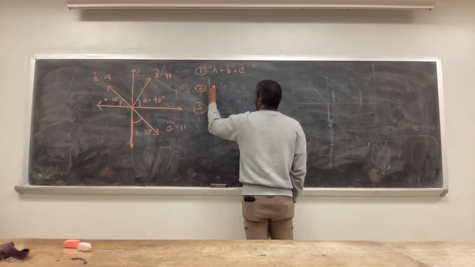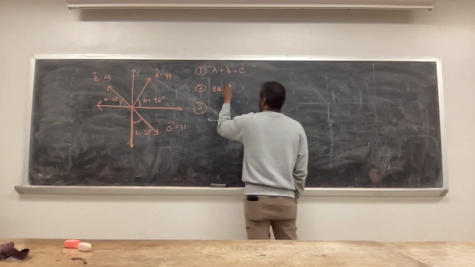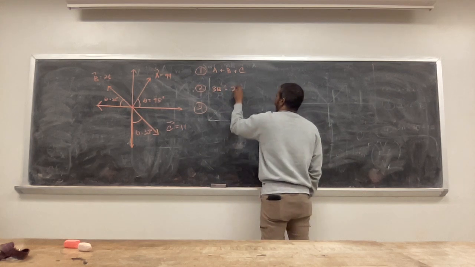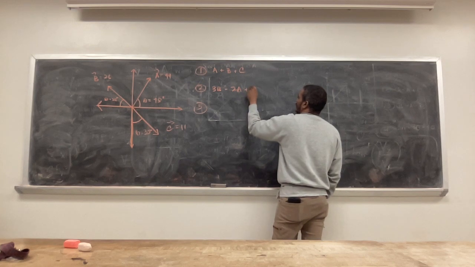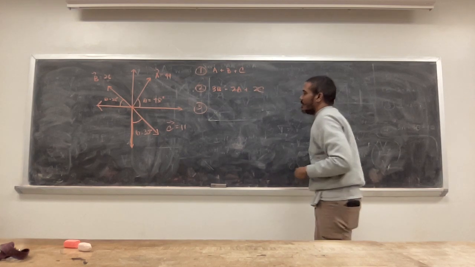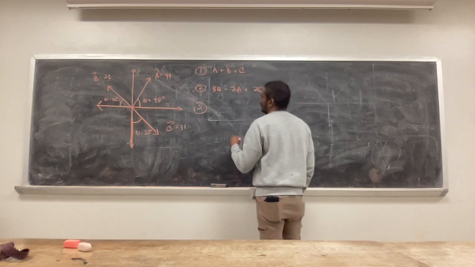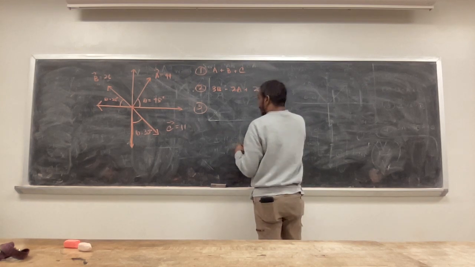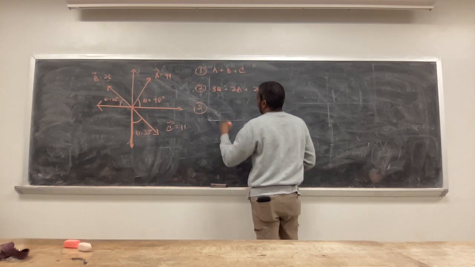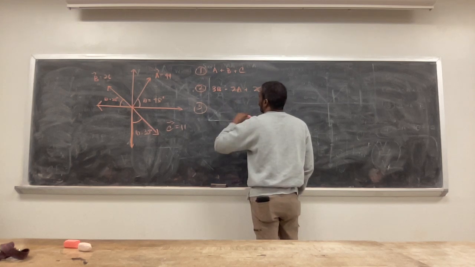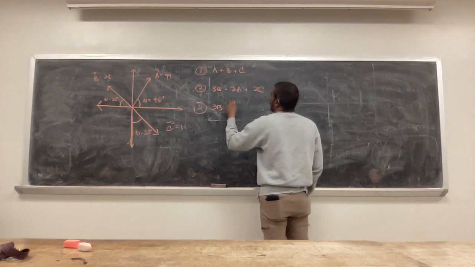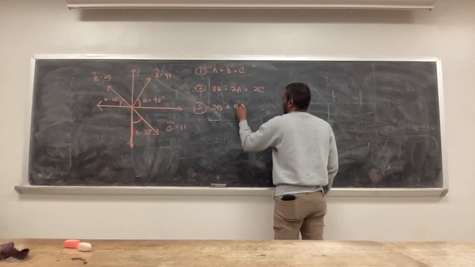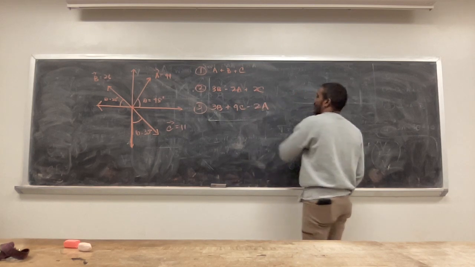And then let's do 3B minus 2A plus 2C, okay? And let's do 3B plus 4C minus 2A, okay?